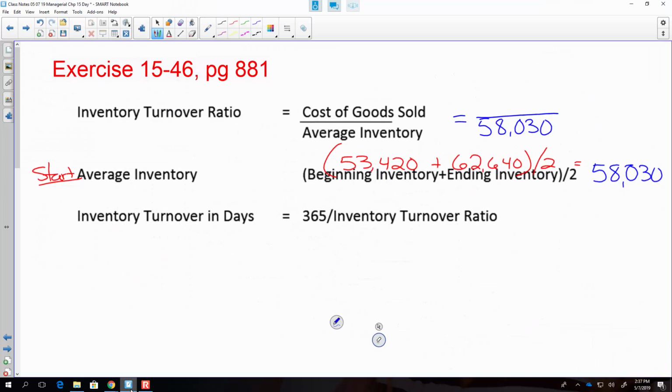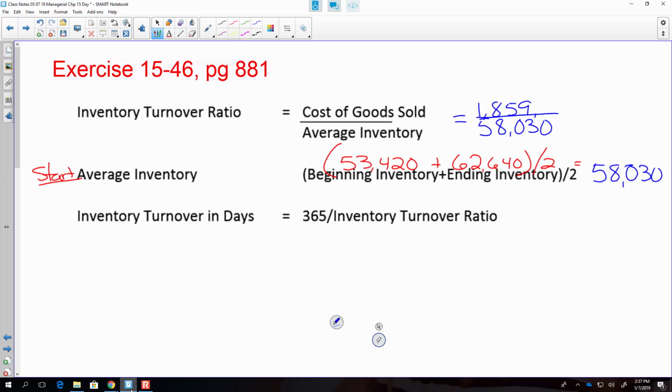Our cost of goods sold is 1,859,000. What's the last number? What's my cost of sales here? Olivia.